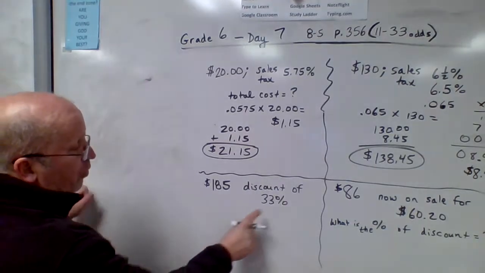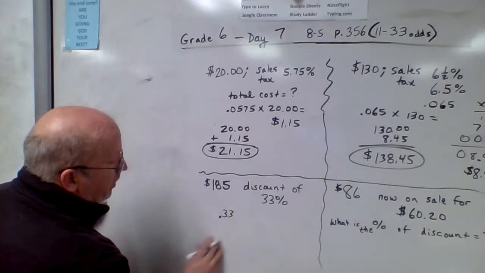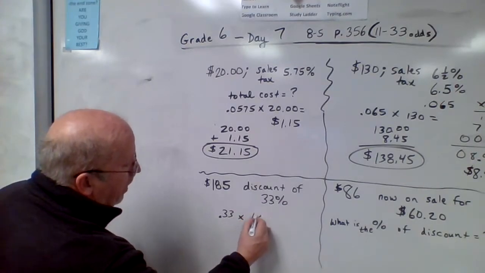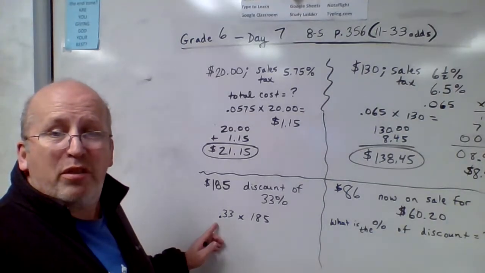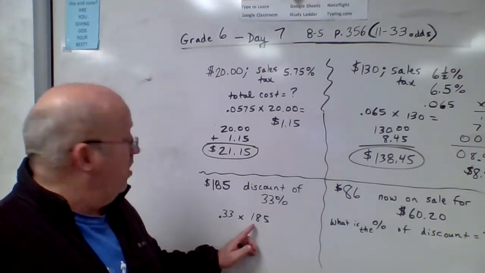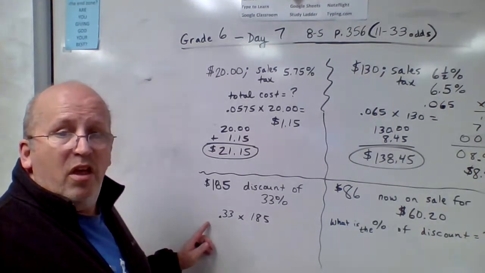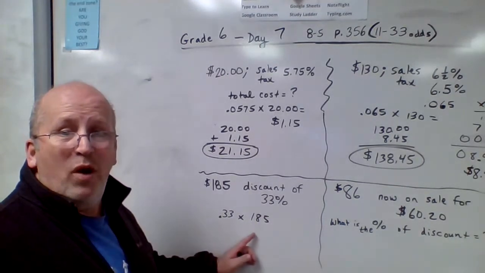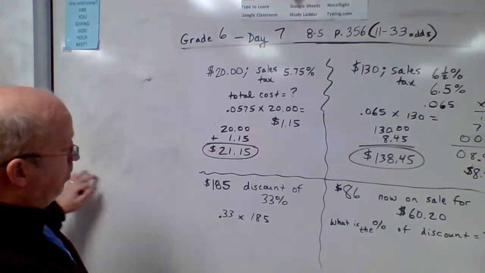First thing we're going to do is change this into a decimal number, 0.33. And we're going to multiply it by the 185. We're trying to figure out what 33% of the $185 is. What is 33% of 185? We changed the 33% to 0.33.